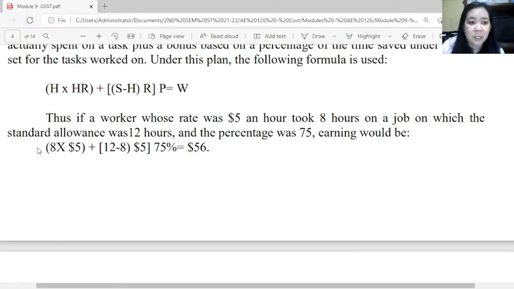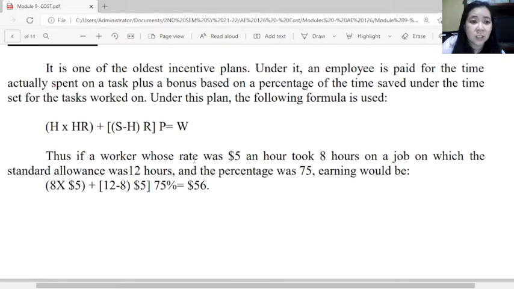So 8 is the number of hours the worker has spent. HR is the rate per hour. S is the standard hours to produce a certain product, minus the number of hours spent by the worker, times the hourly rate and the percentage. So in this case, the wage is 56.